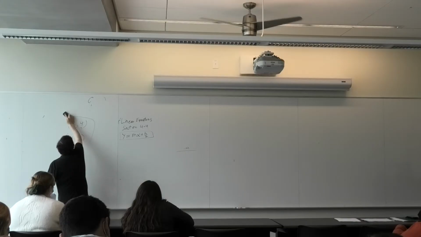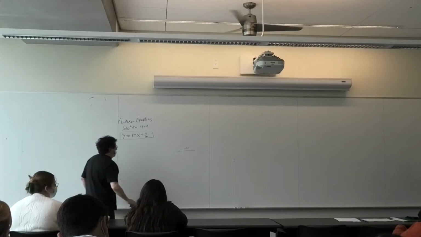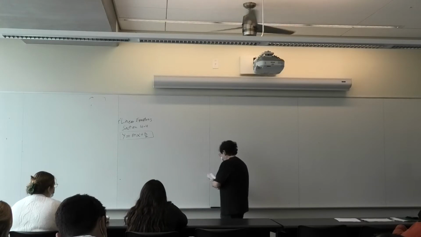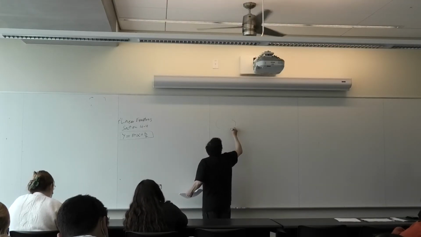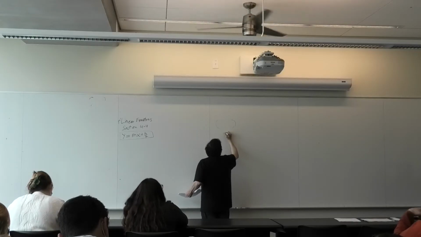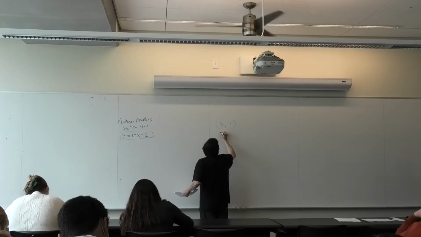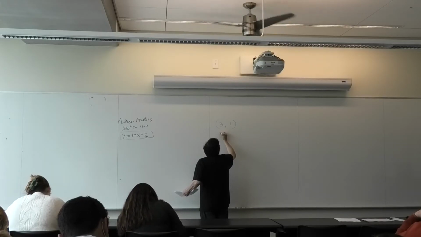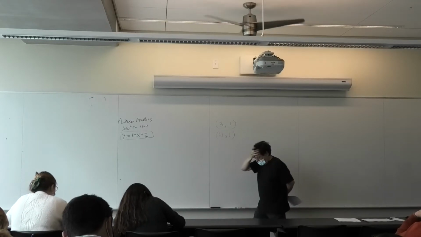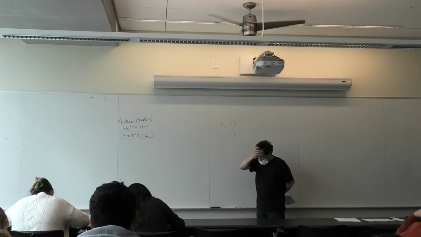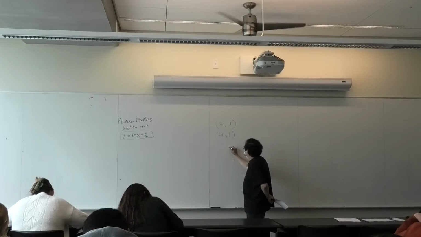Okay, so what if I give you this problem? 3, 1, and 4, 1. Well, let's try that point slope form.